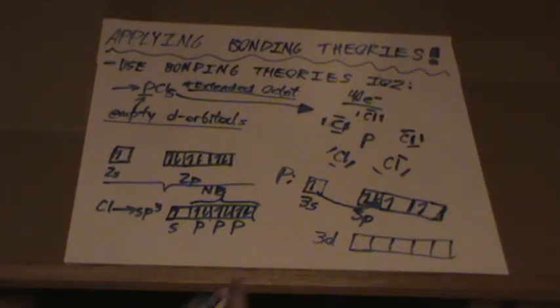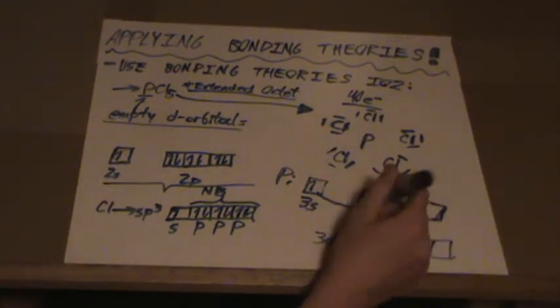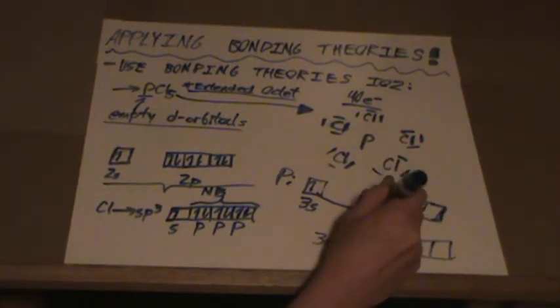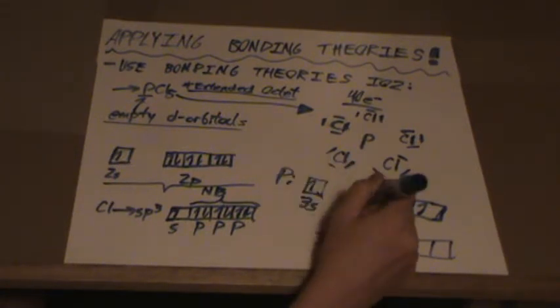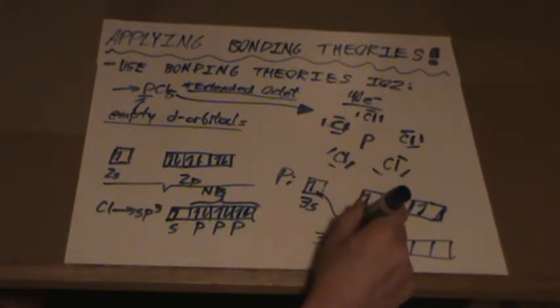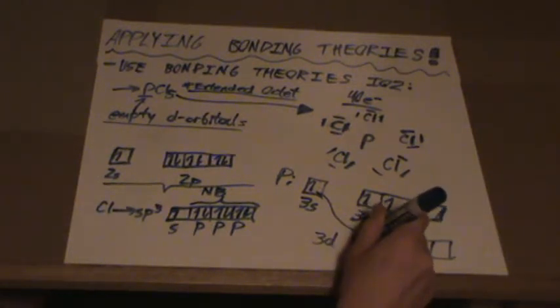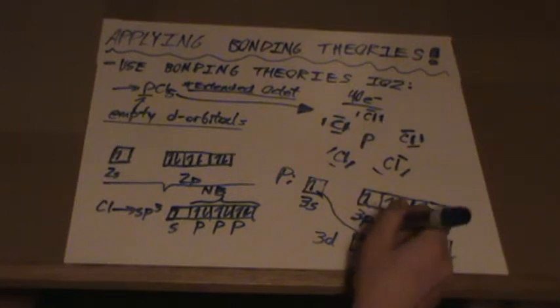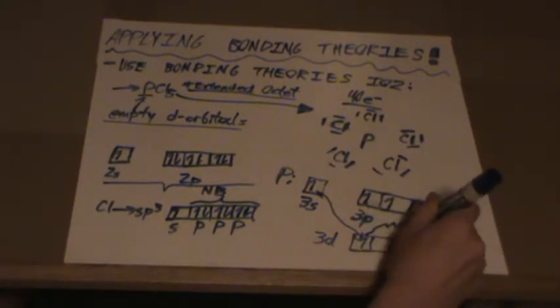But what does happen here is that this electron promotion doesn't go to the 3p orbital. Instead, this electron goes to one of the 3d orbitals rather than the 3p.